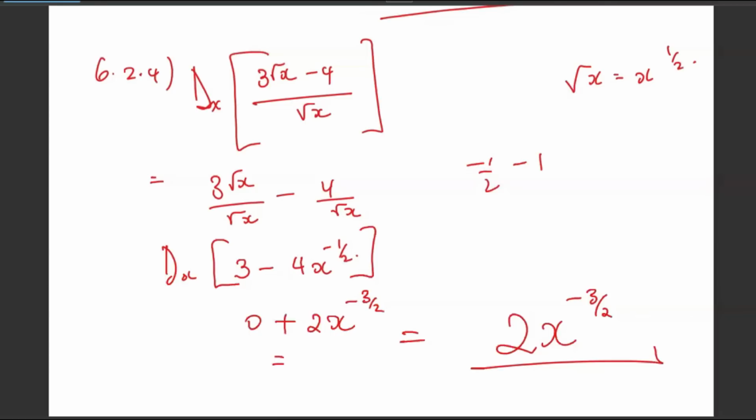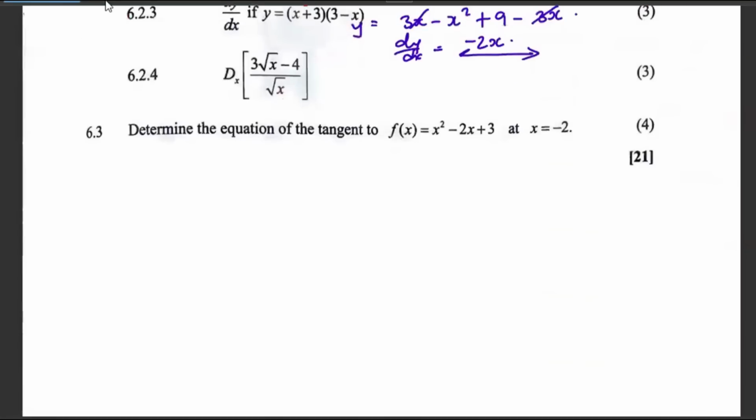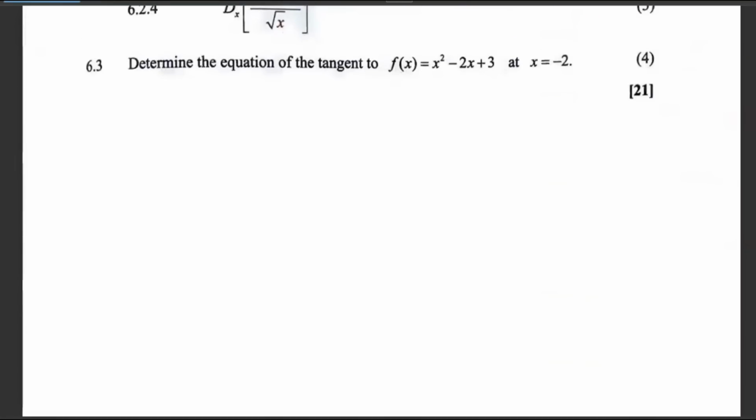Then 6.3, they want us to get the equation of the tangent to this graph at this point. So step number 1, let me get the point where the tangent is meeting. We need the y coordinate, so I'll say f of negative 2.